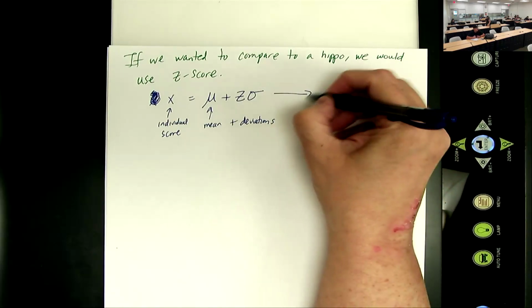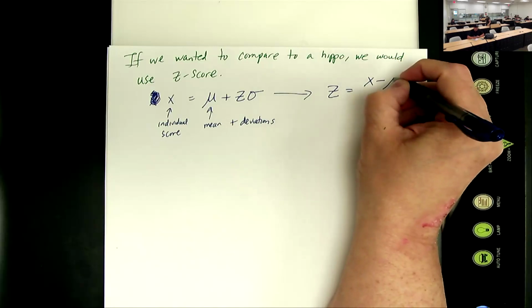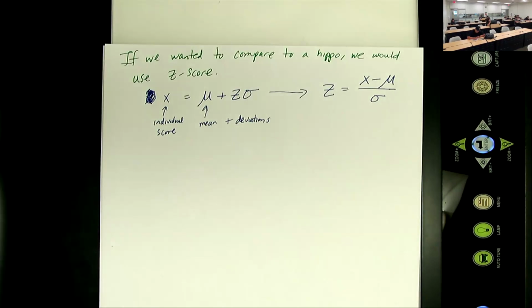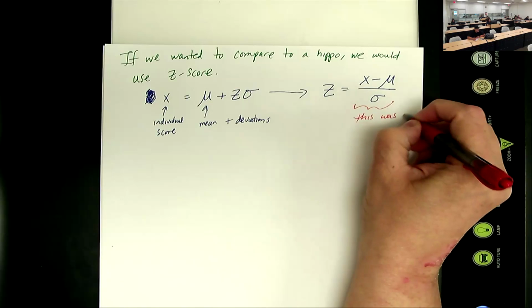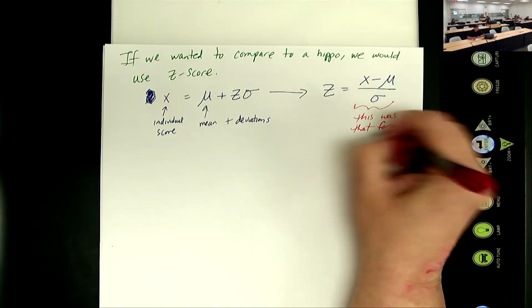And if you solve this for Z, you get Z equals X minus mu over sigma. And this was in that formula, in the exponent.